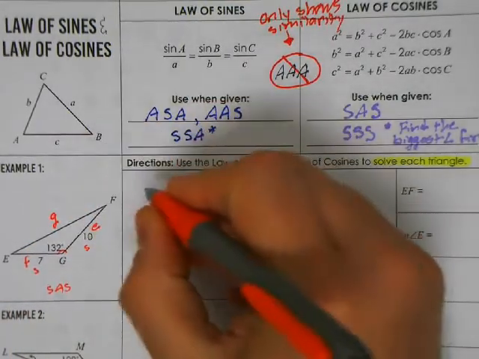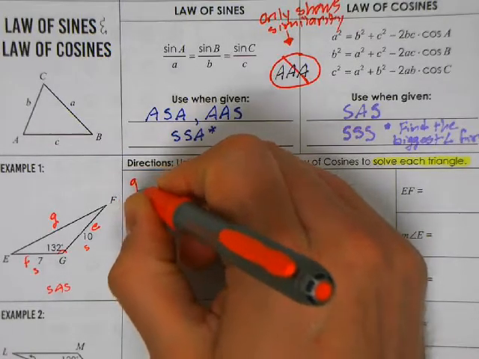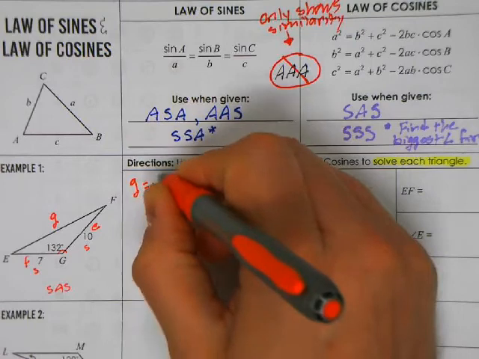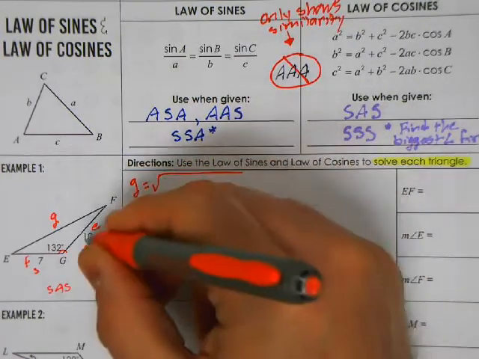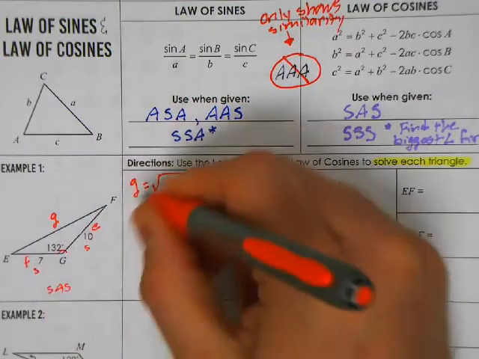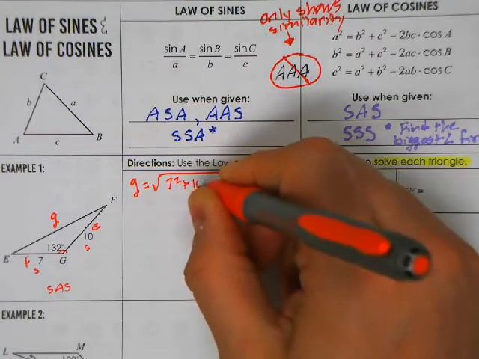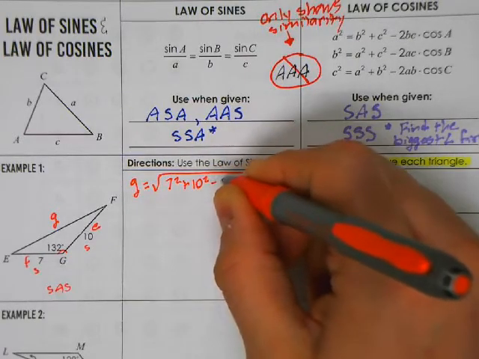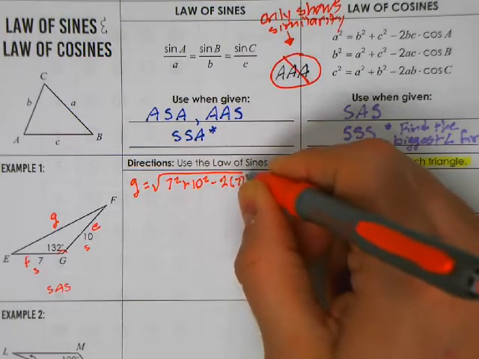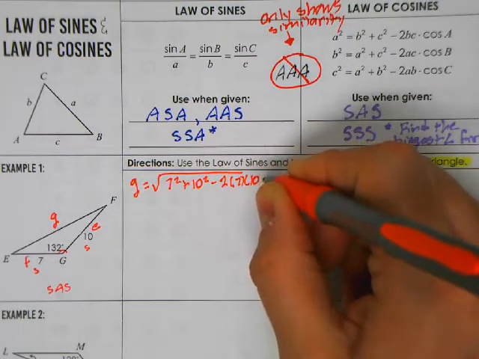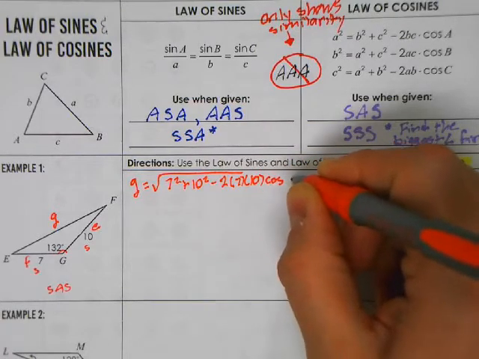So I'm going to look at the law of cosines as saying I'm going to find side g by saying, and I like to start it off with the square root, I'm going to take the sum of the two squares of these things, which would be 7 squared plus 10 squared, minus 2 times those two numbers, 7 and 10, times the cosine of the included angle that they gave me, in this case 132.